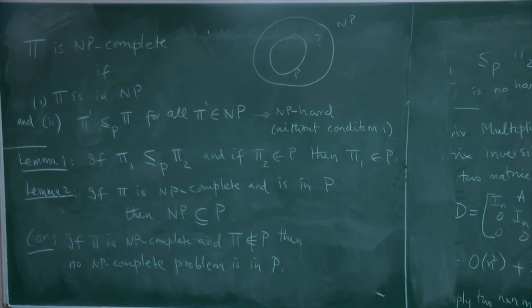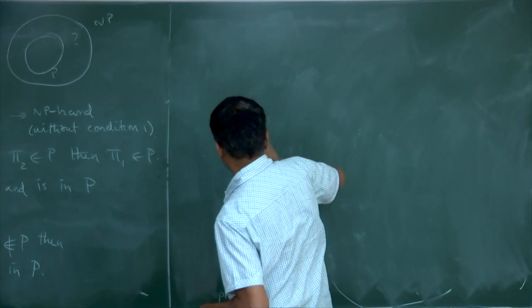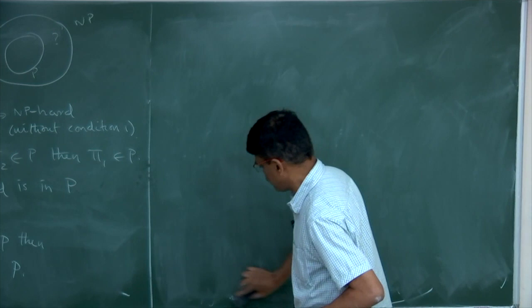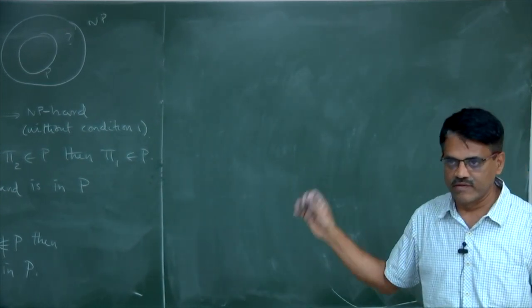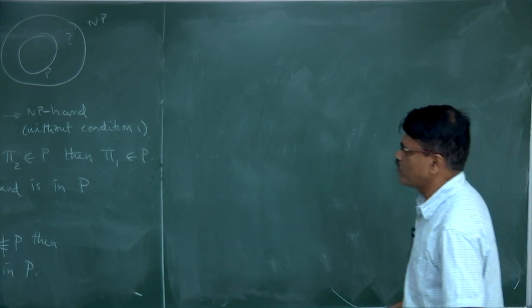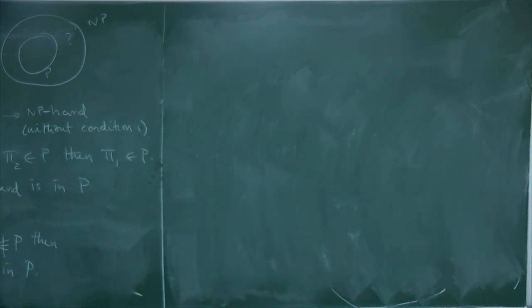All right. So, now it's all good to have a powerful definition, but is there any problem at all which is NP complete? How do you even show that every problem reduces to pi?